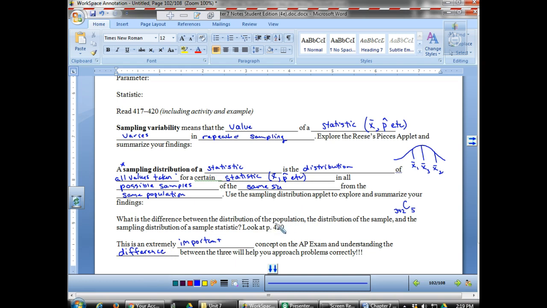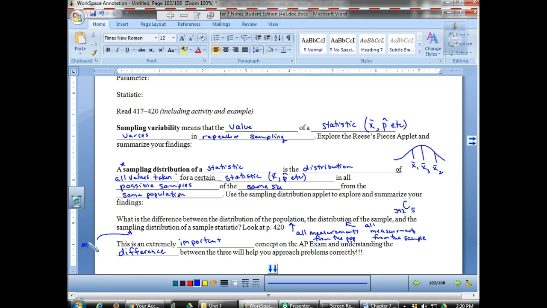So when I'm talking about the distribution of a population, this is whatever it is you're measuring. Say you're measuring height. It would be all the measurements from the population. The distribution of the sample is just going to be all measurements from the sample. And the sampling distribution is the hardest one to understand.